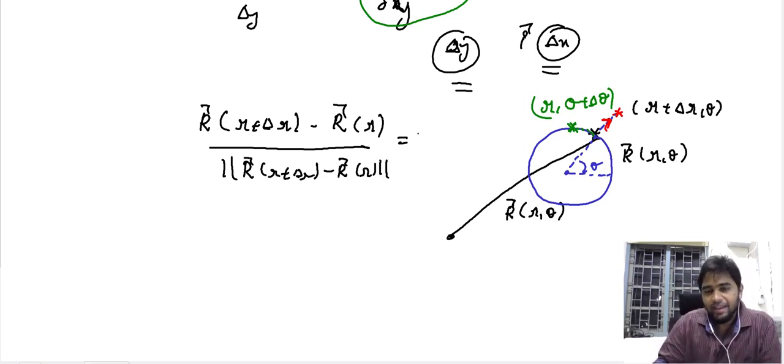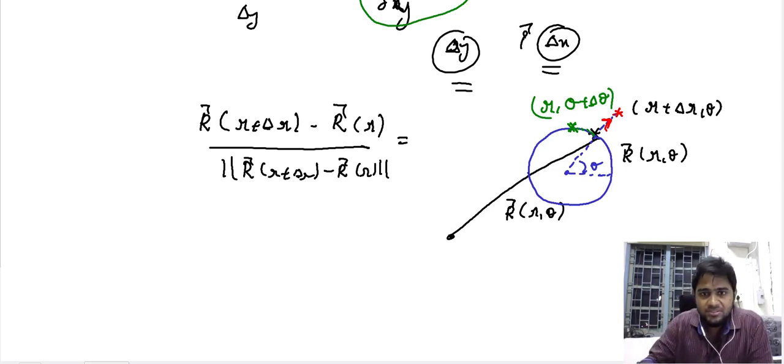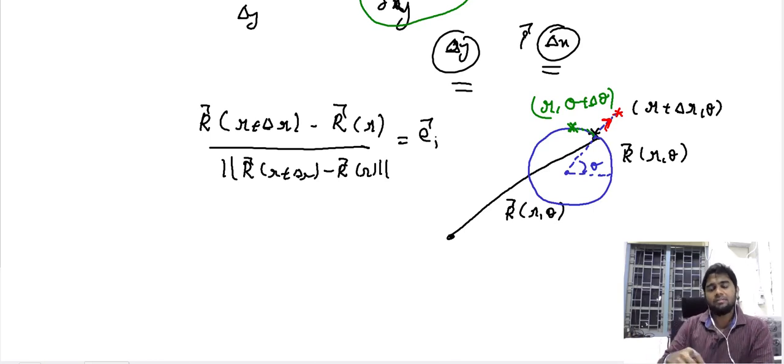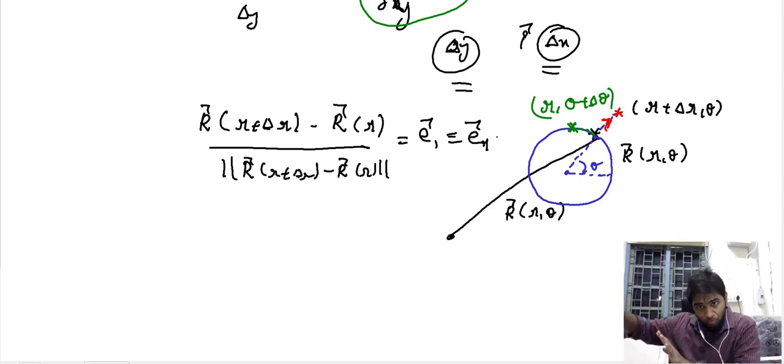Unlike i and j, we cannot introduce the same notations here. The notation generally used is the E1 vector. When you are defining a vector at a given point in space that is not defined by the Cartesian coordinate system, the generalized way of representing it is the E1 vector. For our understanding, this E1 vector can also be treated as the ER vector, which means the radial component is changing.